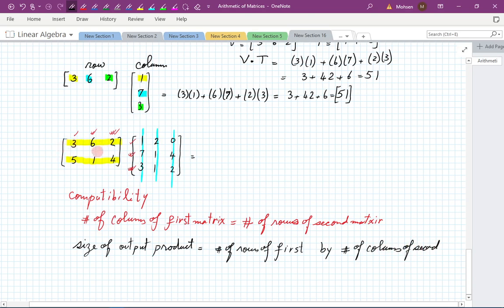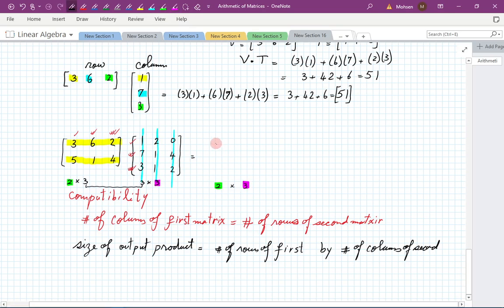So this is a 2 by 3 and this is 3 by 3. These two have to match and the output is going to be 2 by 3. So this 2 matches this 2, and this 3 matches this second of these 3's here. That's how the dimensionality is going to go.